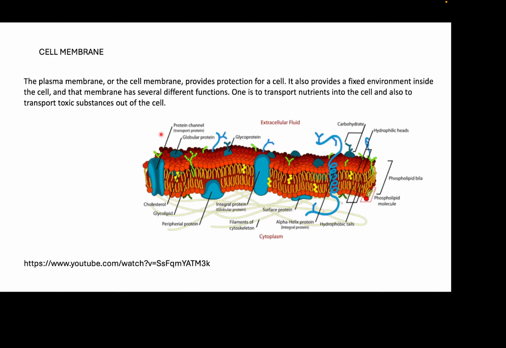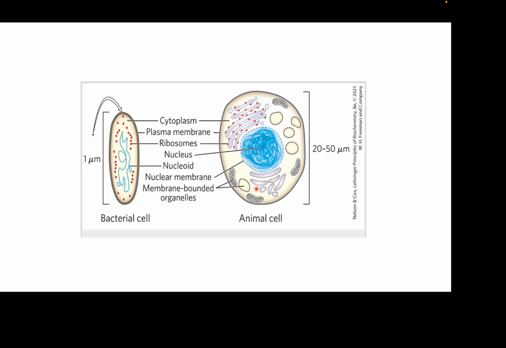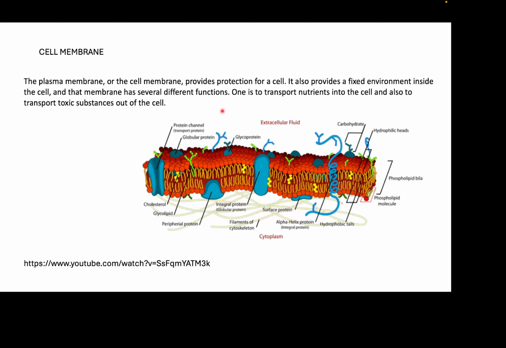One is to transport nutrients into the cell and also to transport toxic substances out of the cell. This is the basic representation of a cell membrane. The thing which you saw here, this boundary, if you zoom into it, it will look something like this.